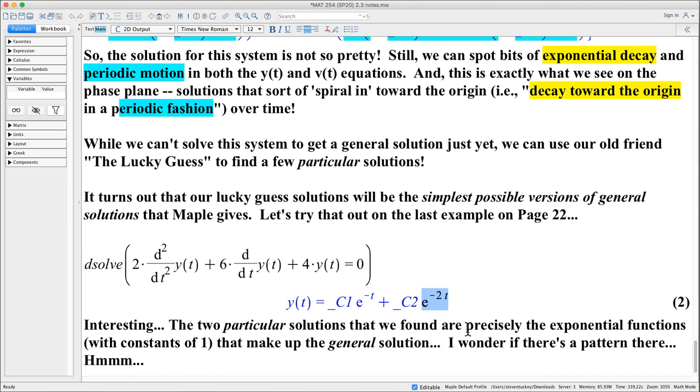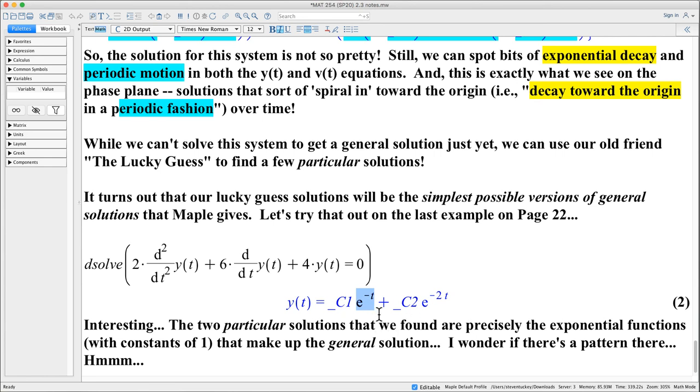Turns out that we found a way to get to a general solution by lucky guessing two particular solutions. We can put them together like this. We're going to get to that more later, but for right now, just know that Maple can double check our work, and of course we can always verify that each of our particular solutions is a particular solution.